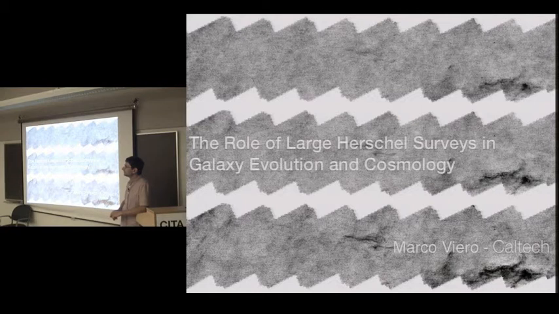And then he worked on measuring the cosmic infrared background in CMB experiments we put together. And so he measured the ACT and IRAS CIB contamination. And then he moved on to Caltech and started working on his own survey that is called Herschel. And that's what he's going to tell us about today, and he will introduce us to this nice survey that he has done.